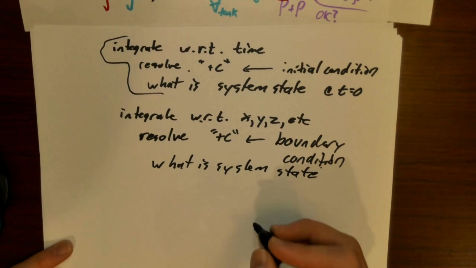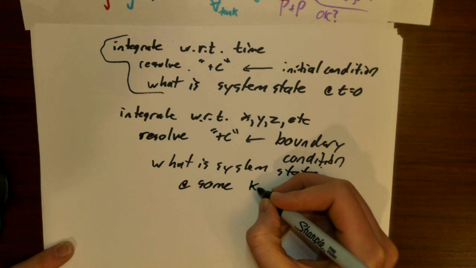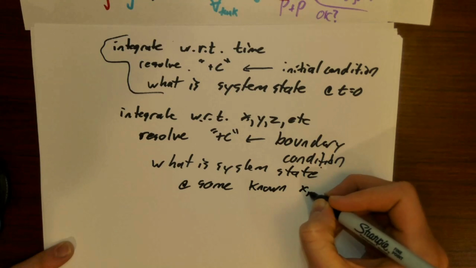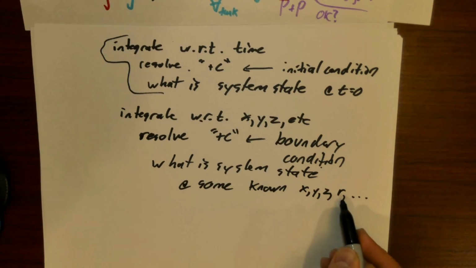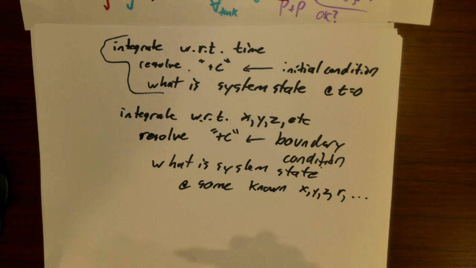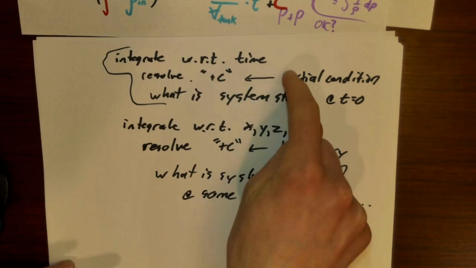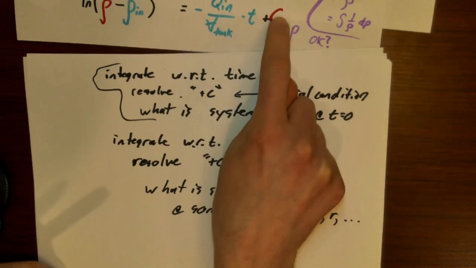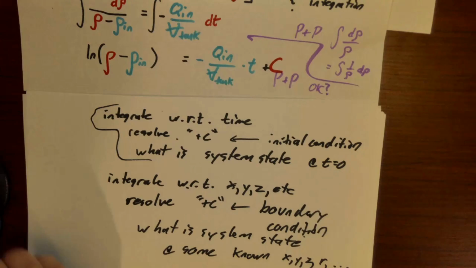So what is our system state at some known x, y, and z value? So in the case of this problem, we're integrating with respect to time. So we're going to resolve our plus c with information that happens at time equals 0.